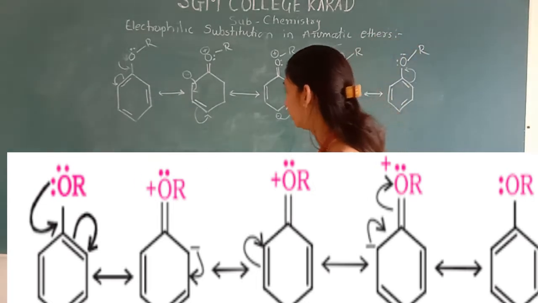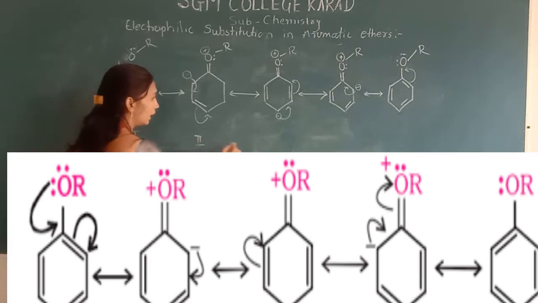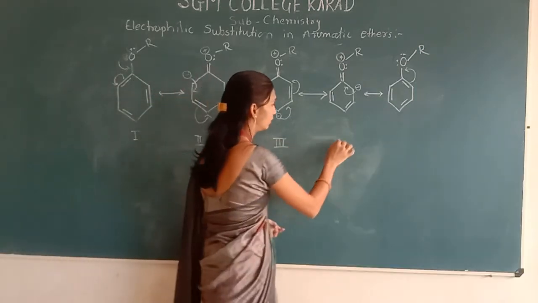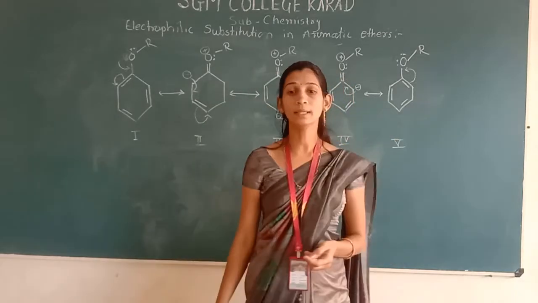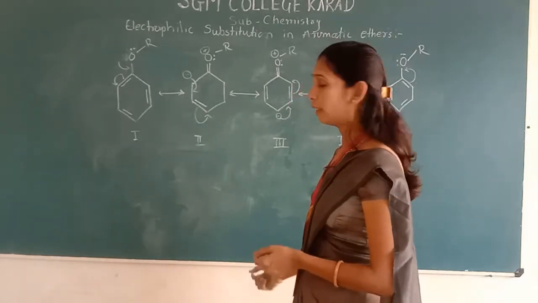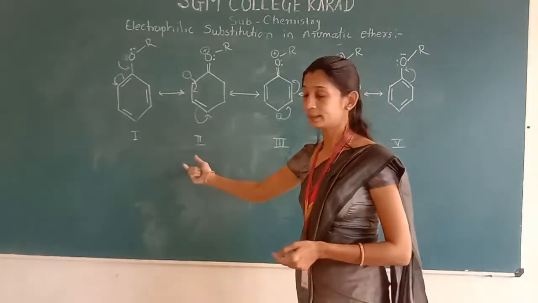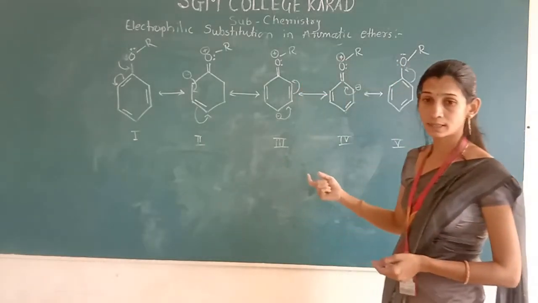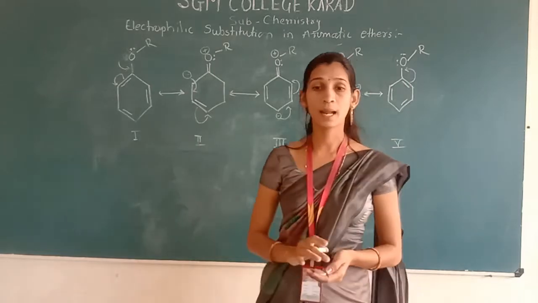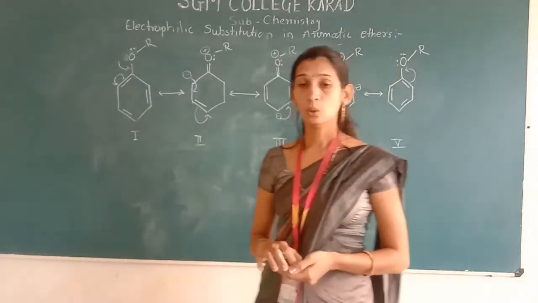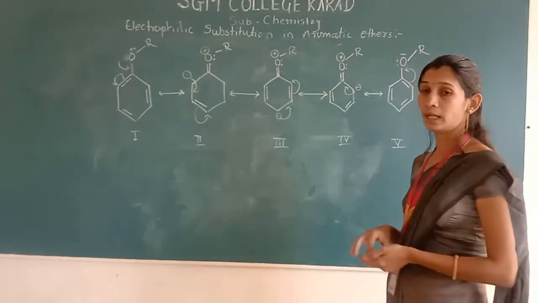If we are taking the numbering here, first, second, third, fourth and fifth, then from the structures at the second, third and fourth positions, that is the two ortho positions and one para position, we see the resonance.